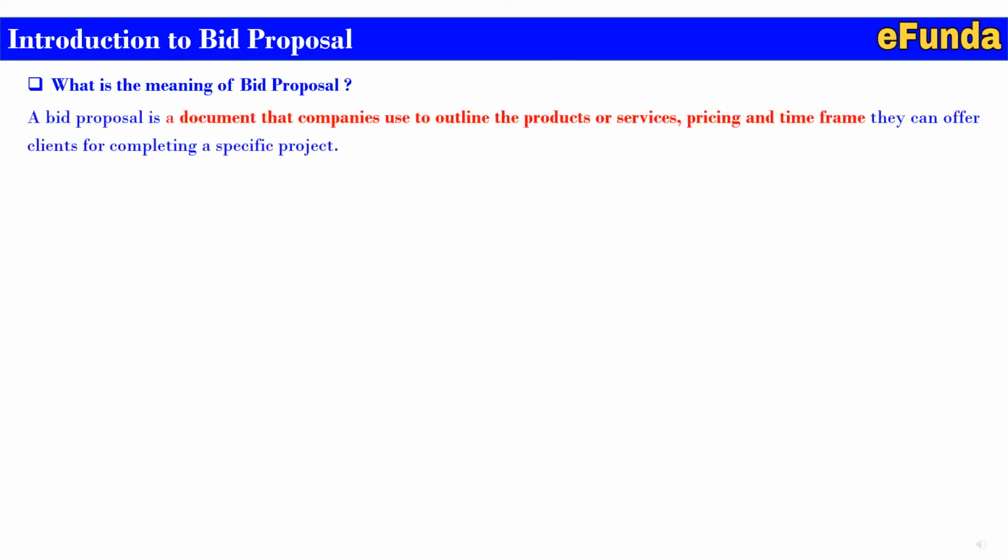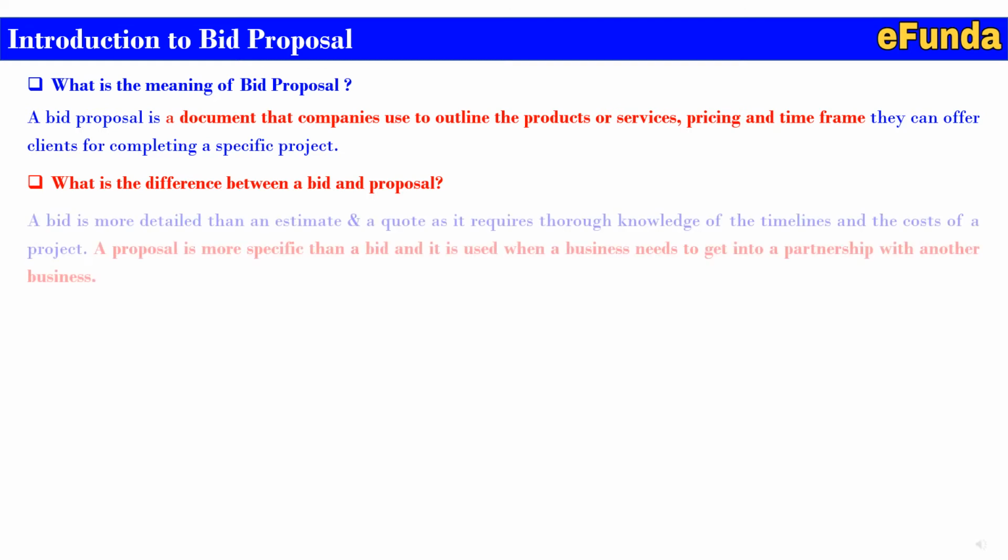Now here we will see what is the meaning of the bid proposal. A bid proposal is a document that companies use to outline the product or services, pricing and time frame they can offer to the clients for completing a specific project task. Second, what is the difference between a bid and a proposal?